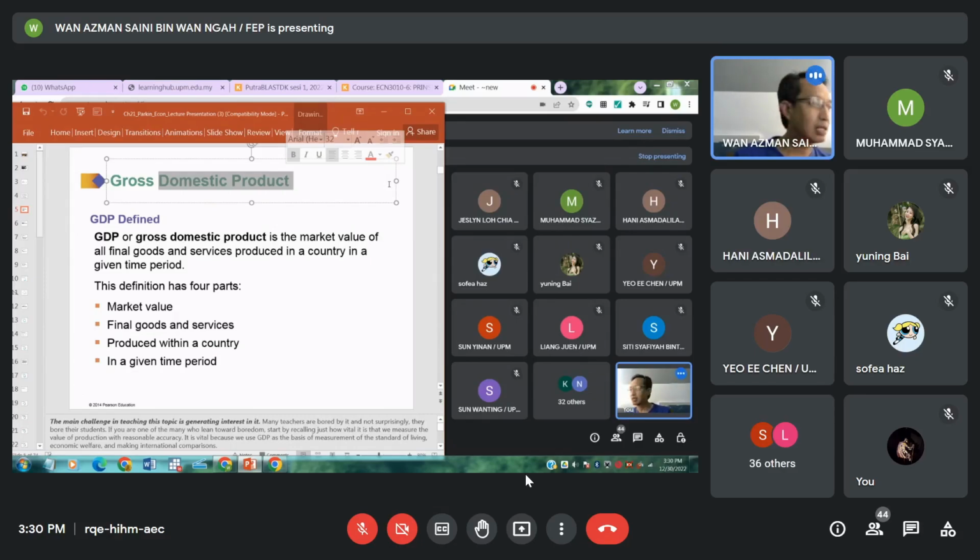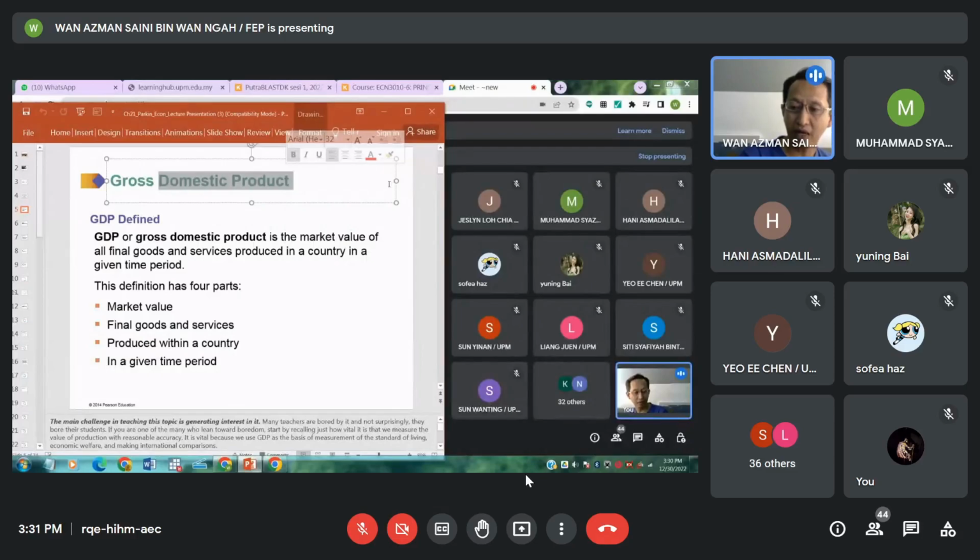Let's say this year you spend 30,000 to buy a used car. Will that be included in current year GDP? No, the answer is no, because the car was produced earlier. Let's say the used car was produced in 1995.